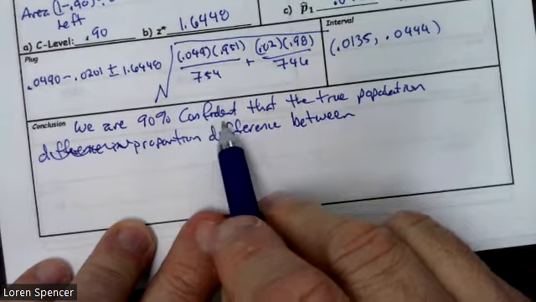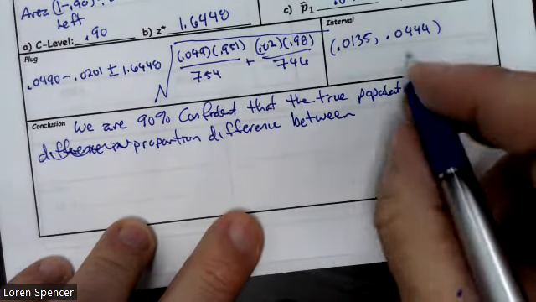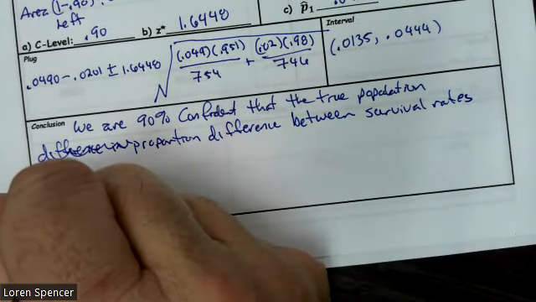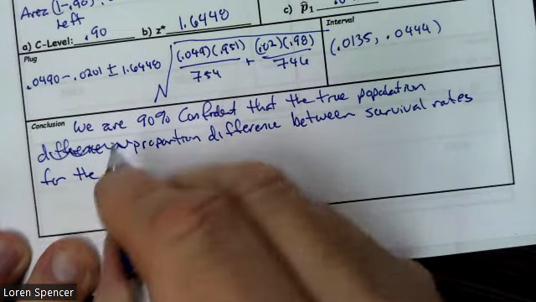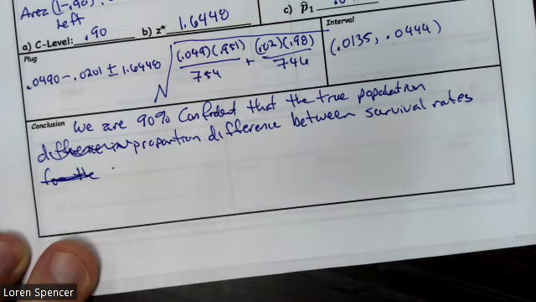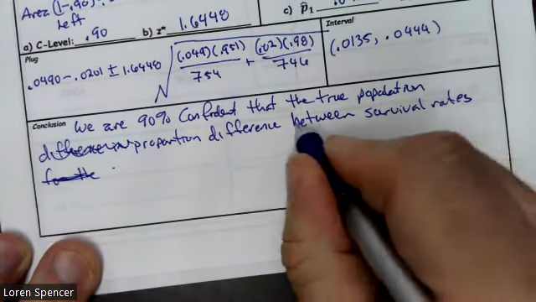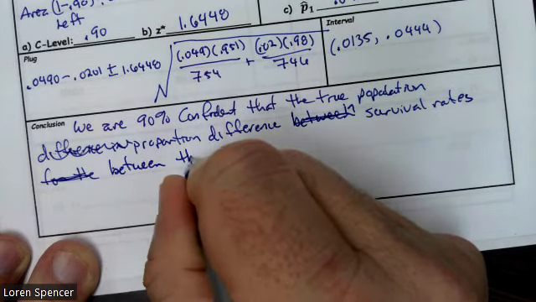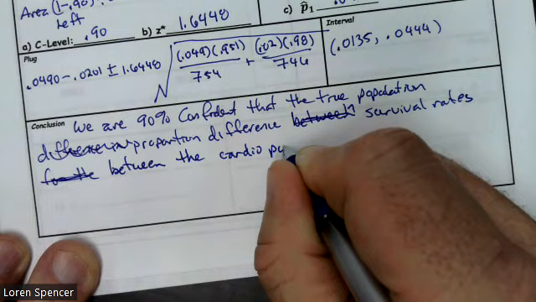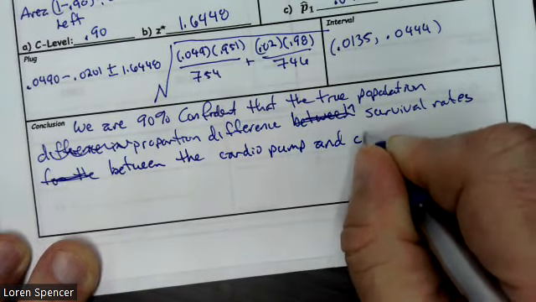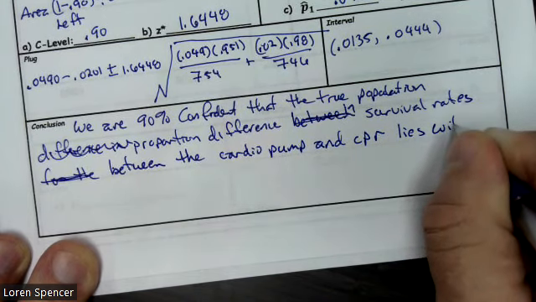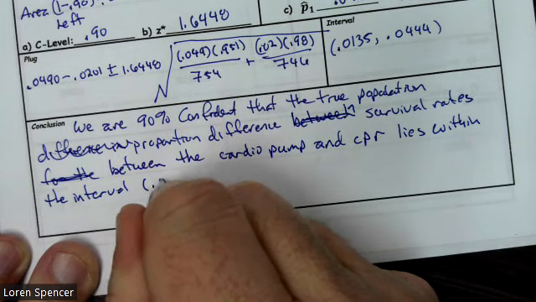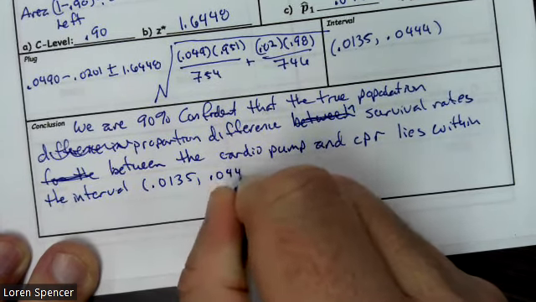So, excuse me, we are 90% confident the true population proportion difference between survival rates for the cardio pump and CPR lies within the interval 0.0135 and 0.0444.